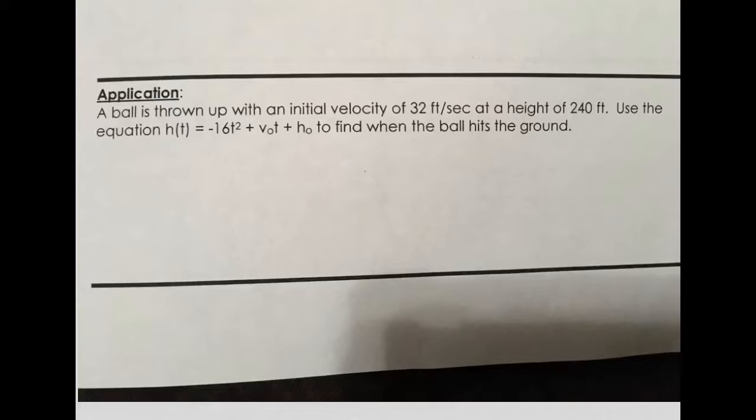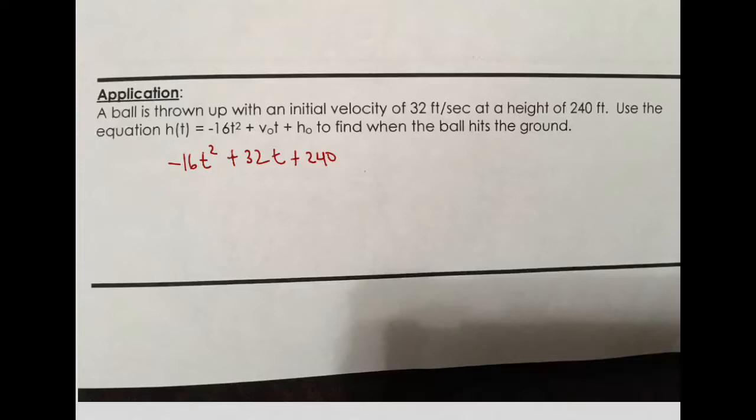We got negative 16 t squared, and then velocity is 32, so we'll add plus 32 t, because your t is there. So we plug in velocity for this v sub o, and then the t's in place. And then height is 240 feet.